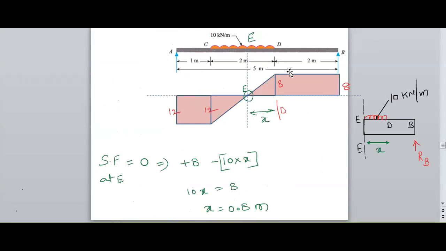Using these values, I need to draw the shear force diagram under the beam. So 0, a positive 8, a positive 8, and a negative 12, and a negative 12, and 0. Now I need to join them.